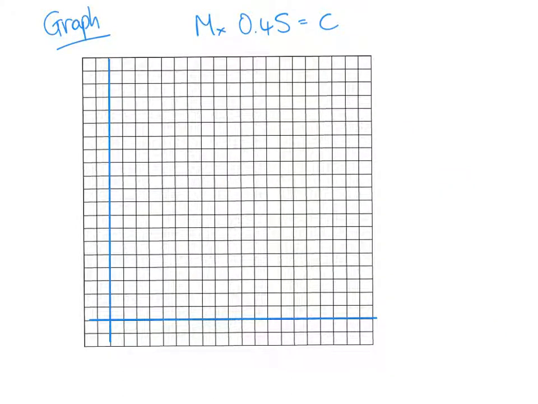Another way to think about a relationship is graphically. So we plot one variable against the other. So say here we have number of miles, which is M, and our claim amount, which is C. So we'll go up in ones, 1 mile, 2 miles, 3 miles.